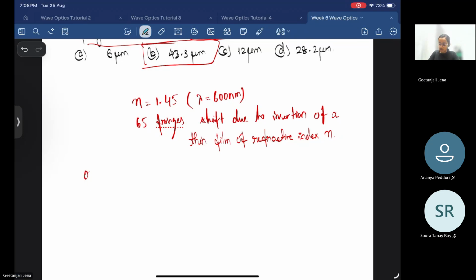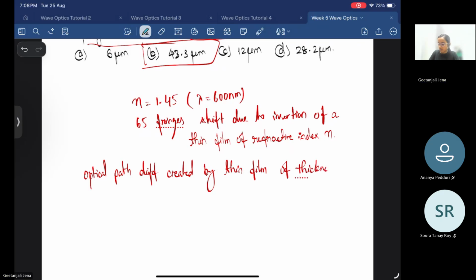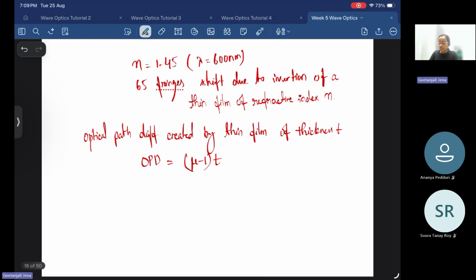The new optical path difference created by a thin film of thickness T is OPD, which is mu minus 1 times T. But if you insert it inside a Michelson interferometer, you can see that the ray travels twice between mirror M1 and M2.